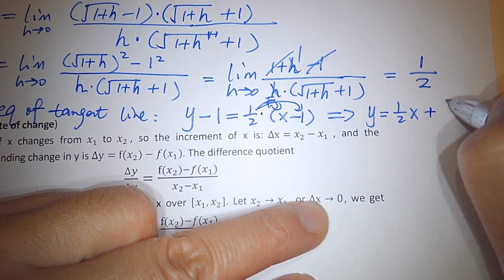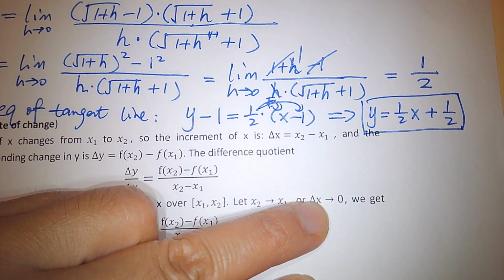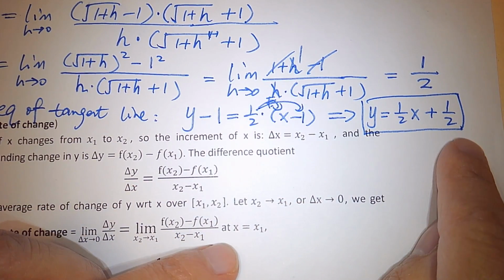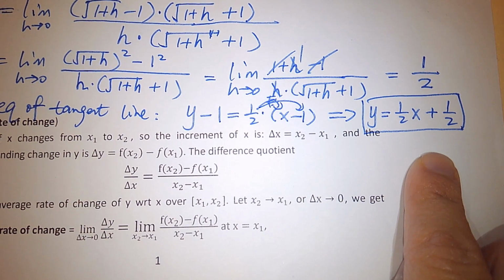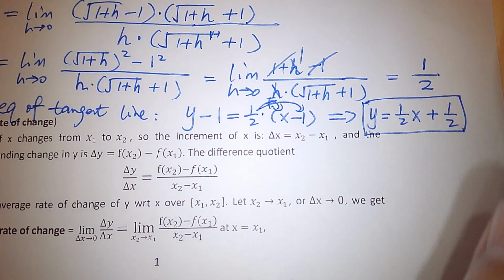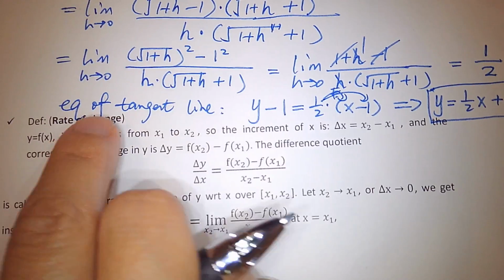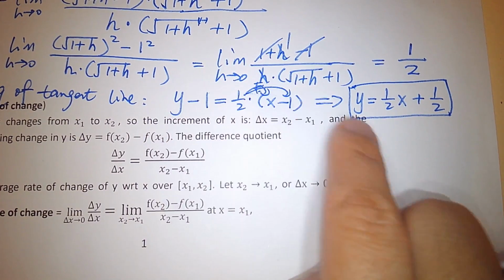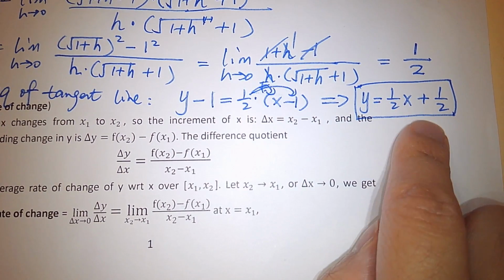So, positive 1/2. Final answer is this. Everyone? Yeah. This is point slope form, but this is slope intercept form, okay? This one is point slope, and eventually we'll change it to slope intercept form. You're right.